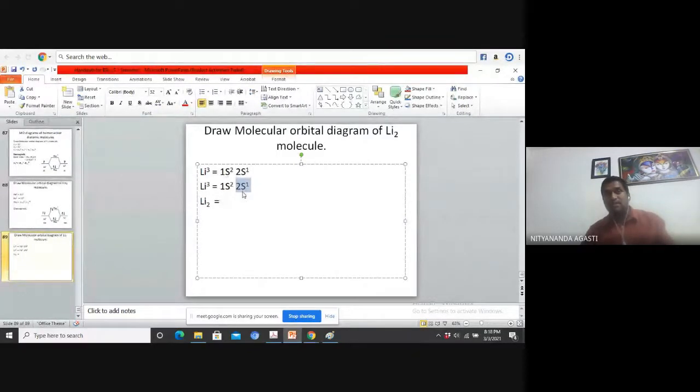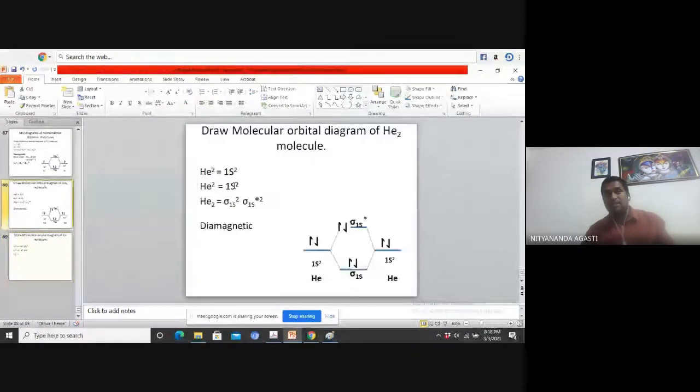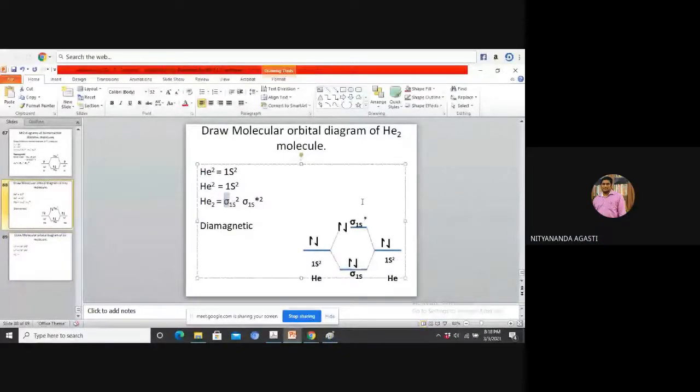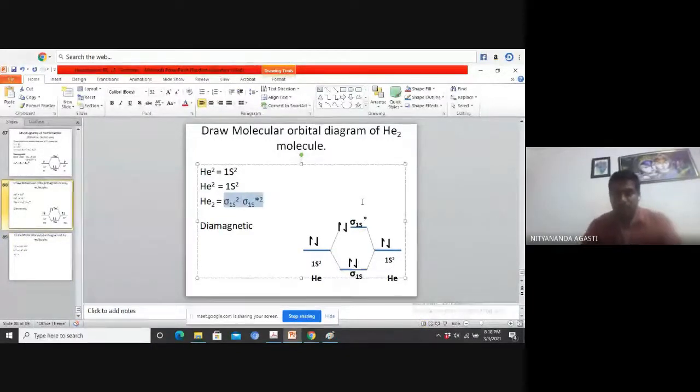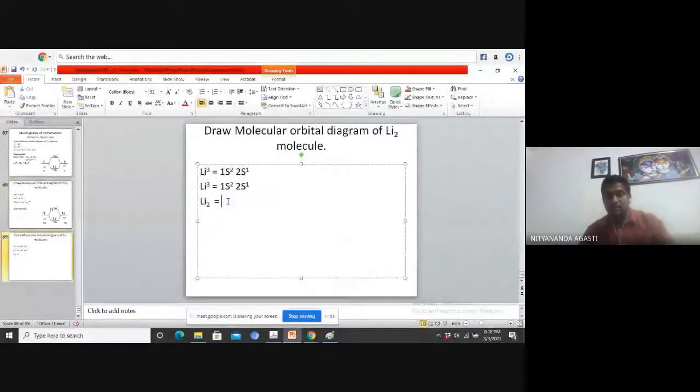So let's write the configuration now. I'm not writing the electrons yet. So 1s and 1s will be combined. How many molecular orbitals will you get? 2. Both will give sigma 1s and sigma star 1s. Next, 2s will combine with which orbital? You have another 2s left.